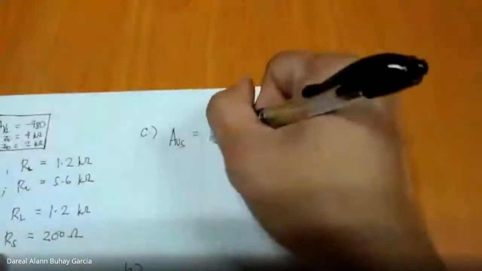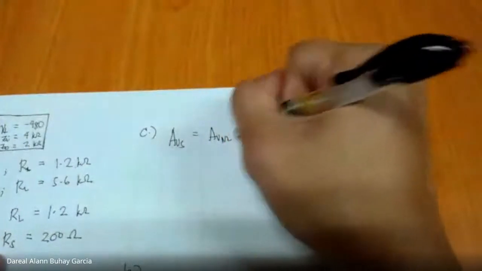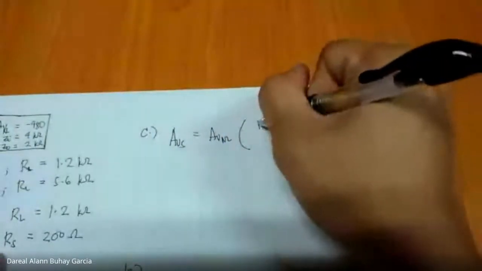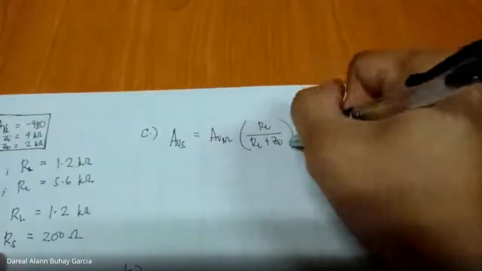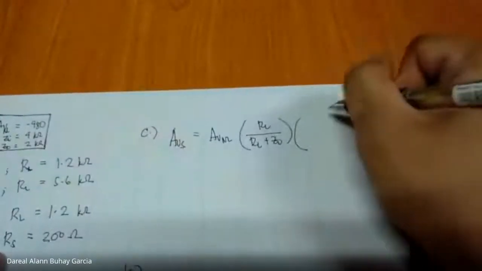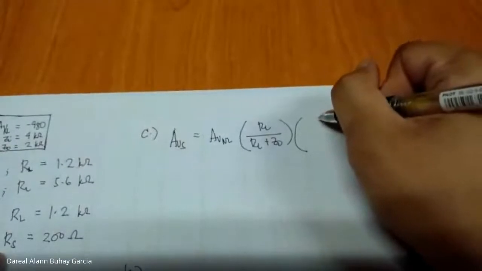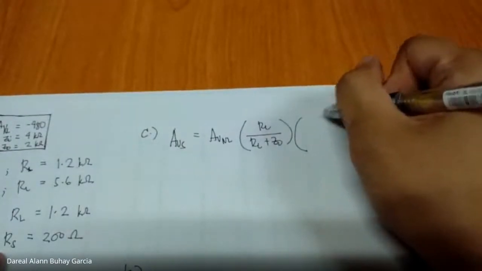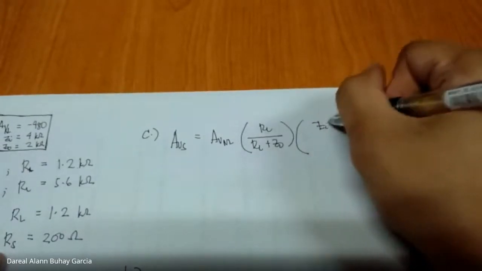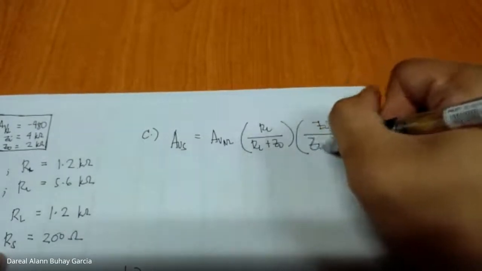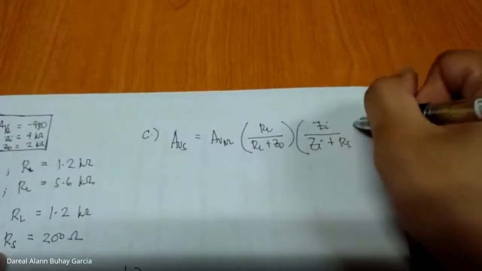AVL is AVNL times RL over RL plus ZO, times ZI over ZI plus RS.